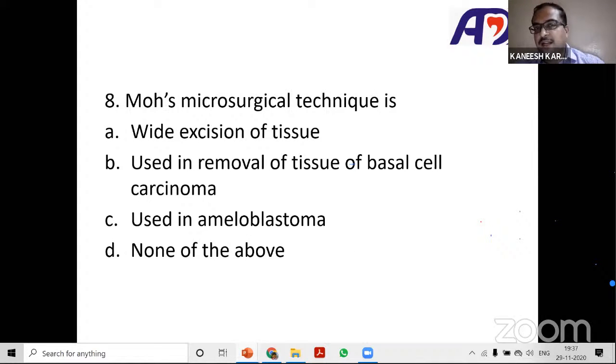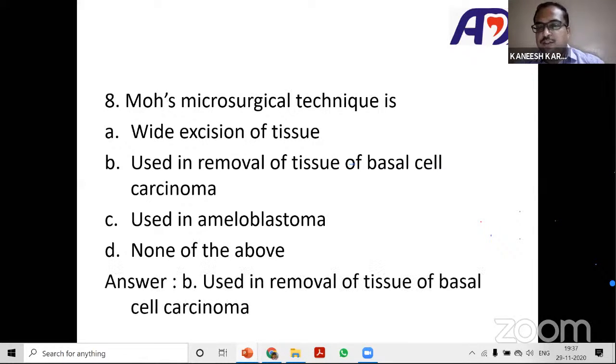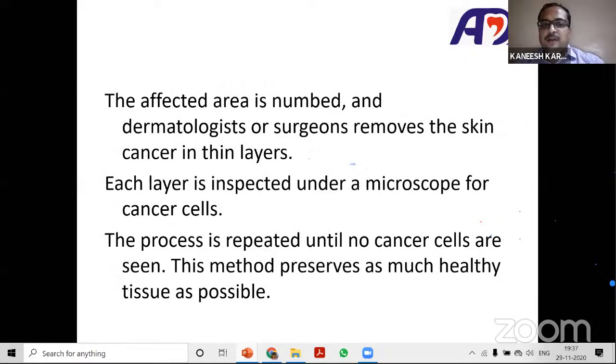Mohs microsurgical technique is used in... Correct. It is used in the removal of tissue of basal cell carcinoma. In this technique the affected area is numb, and the dermatologist or surgeon removes the skin cancer in thin layers.